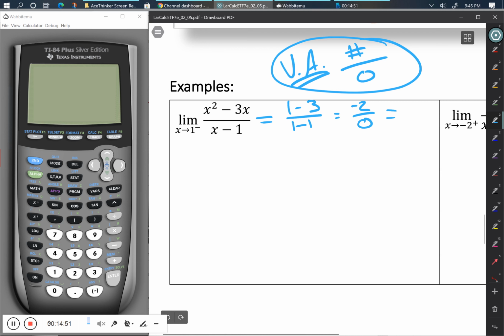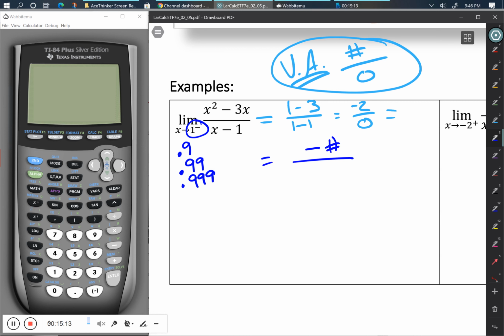So I'm going to analytically look at this. For numbers approaching 1 from the left, we're talking about 0.9, 0.99, 0.999, and so on. These values are going to make my numerator into a negative number.